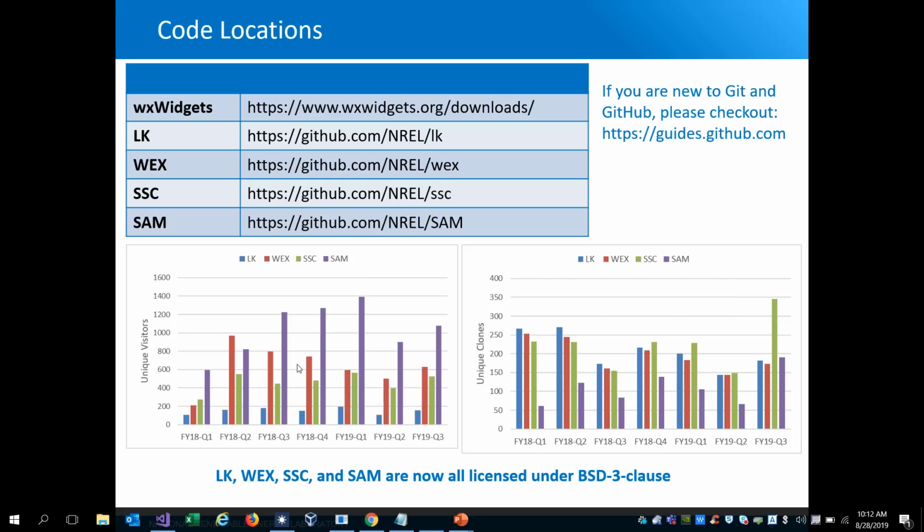On the right, we have the unique clones of the different repositories, and there's a slightly different trend where SSC, at least in the last quarter we reported here, was the most cloned. Otherwise, it's fairly equal because we assume people are mostly interested in building SSC, which has some dependencies on the other repositories.